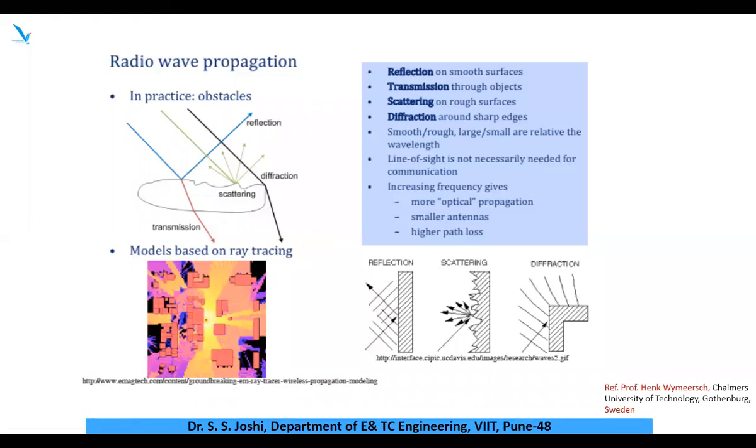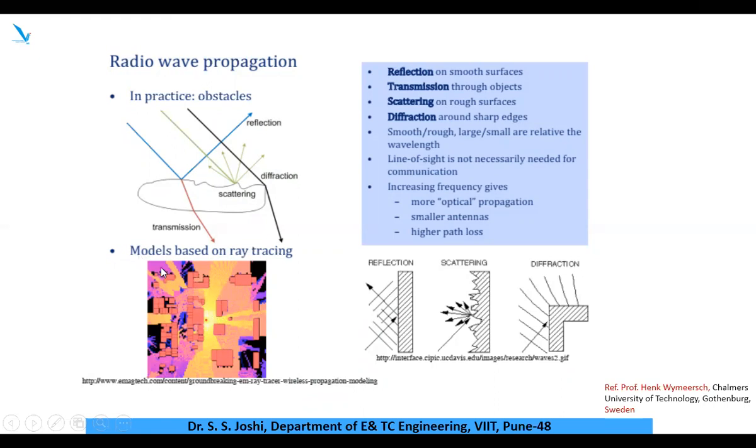But if your signal is blocked by a building, is it possible to get the signal behind it? You may not get direct rays behind this building, but the signal may travel to this point and get reflected back, and you may get some signal strength even though there is a block, because of the reflected rays.